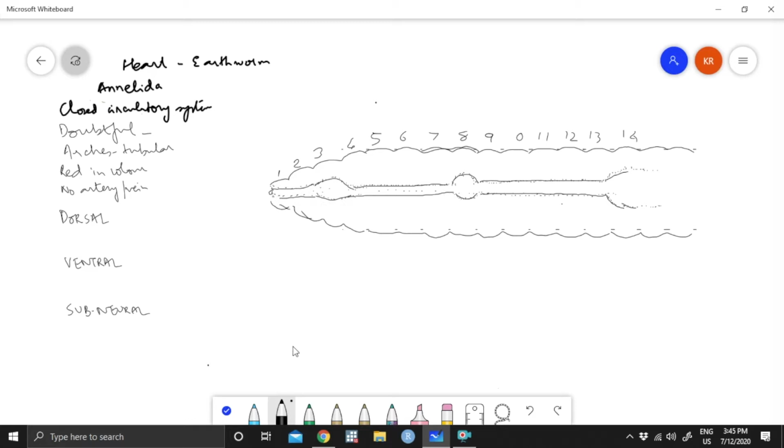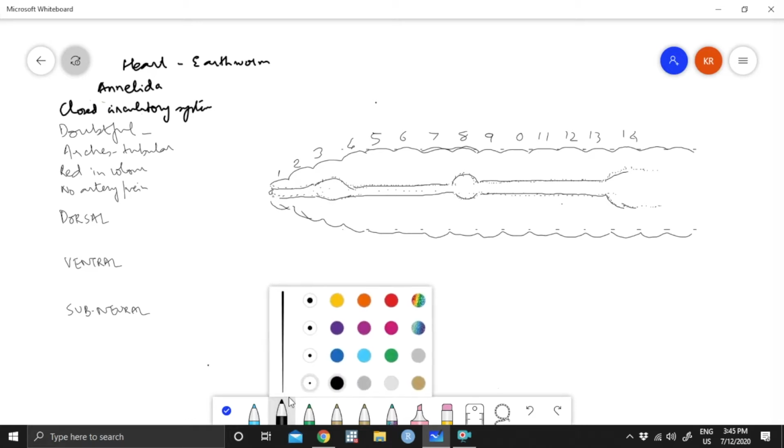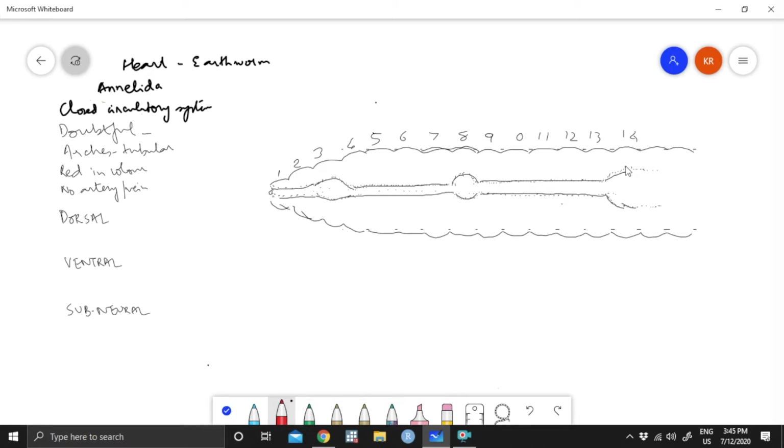So let us try to show the blood vessels. As we said, the first blood vessel is the dorsal blood vessel. Now, although there is no system of artery and vein, we are still using color combination. The reason is that the dorsal blood vessel supplies blood to many parts in the anterior region. So this is coming right from the posterior part.